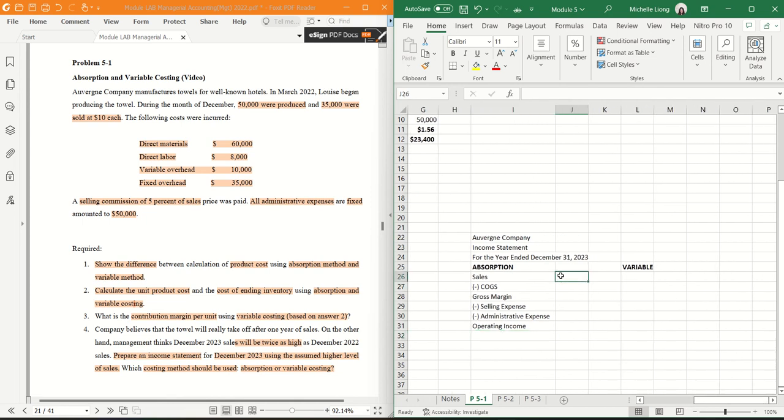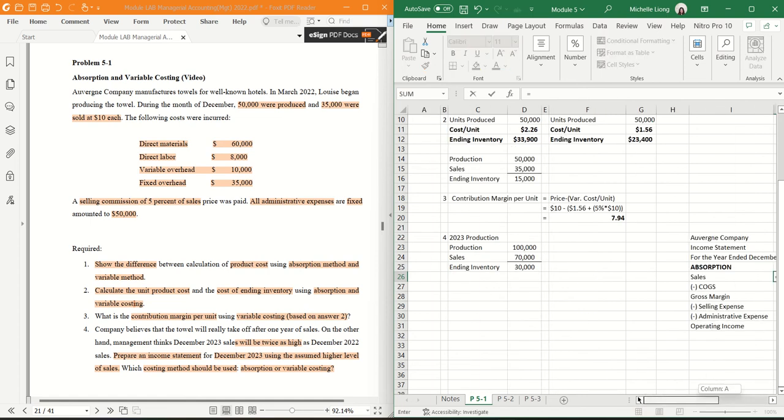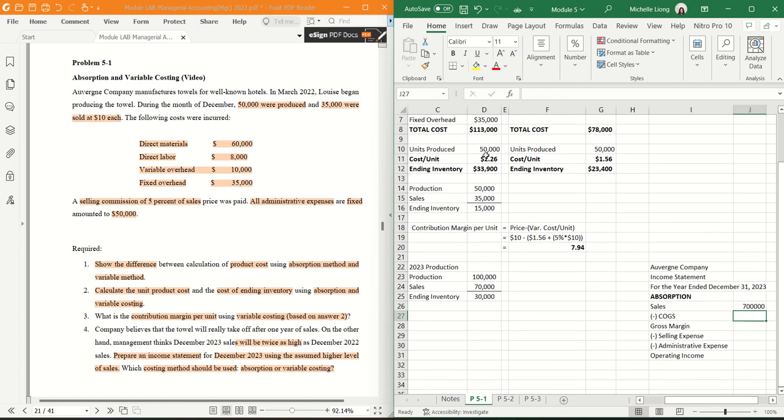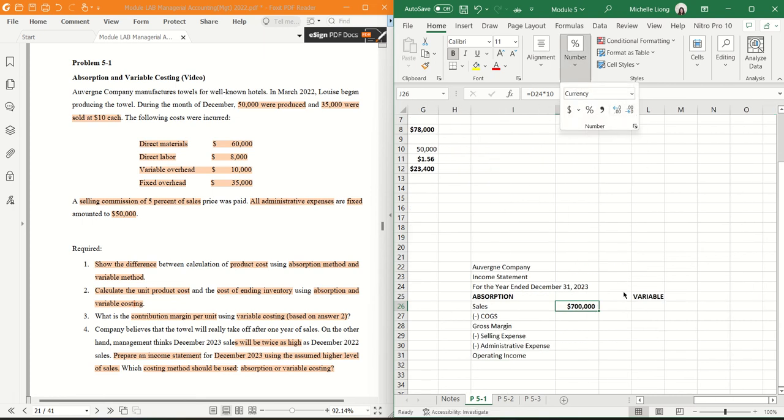For the sales, as this is expected, okay, so remember the sales times with $10. Why? Because it's in unit right here, so you need to take the dollar basically. You need to times it with $10. And then we get another one, the COGS, or the cost of goods sold.